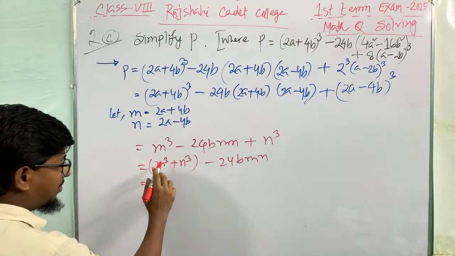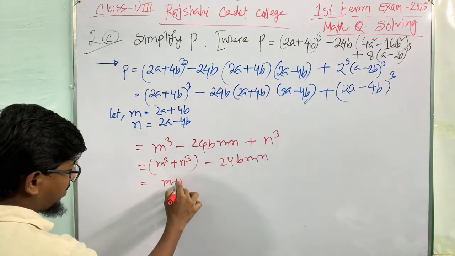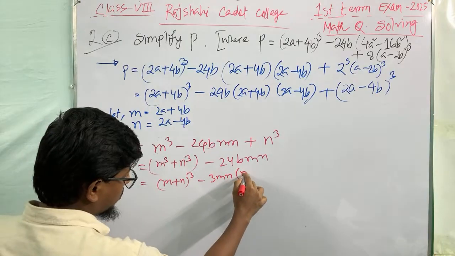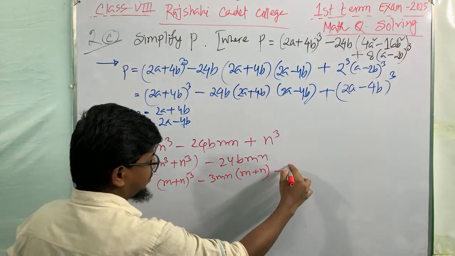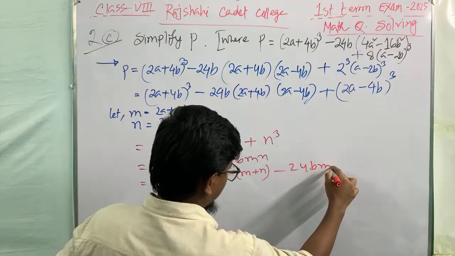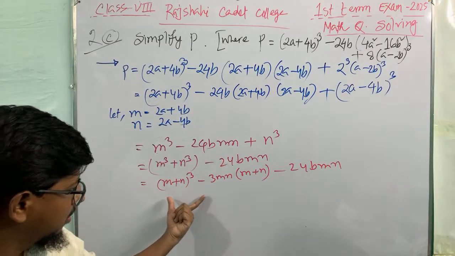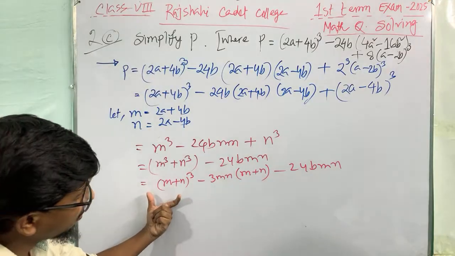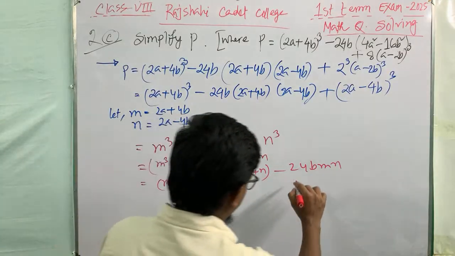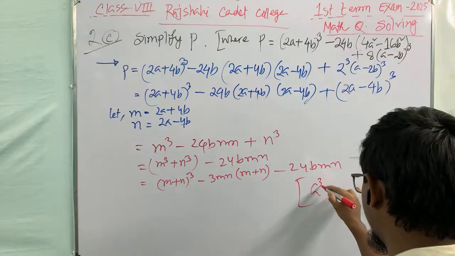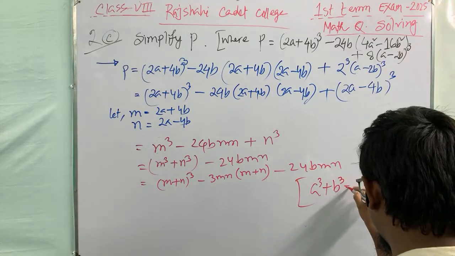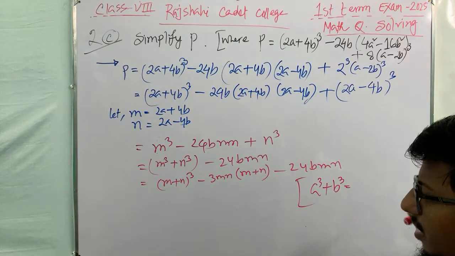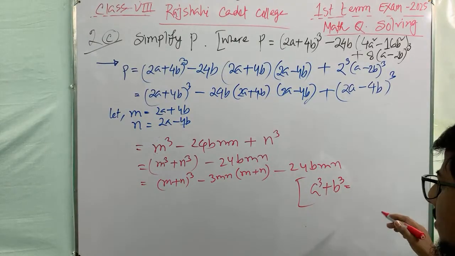Okay, so we have a cube plus b cube, that is a plus b whole cube minus 3 into m into n into m plus n. You know this formula from your basic algebra. I guess you have learned it in your class 6 book, or maybe in 7.